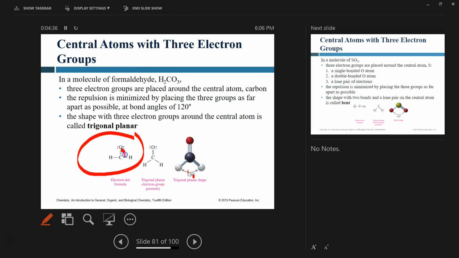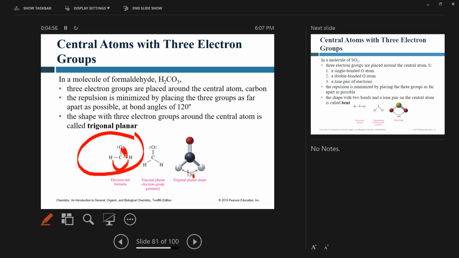You know what I'm talking about? What's going to be this angle here? 90. What's going to be this angle? 180. Now, you see, you have two pairs that are too close and two pairs that are considerably far.